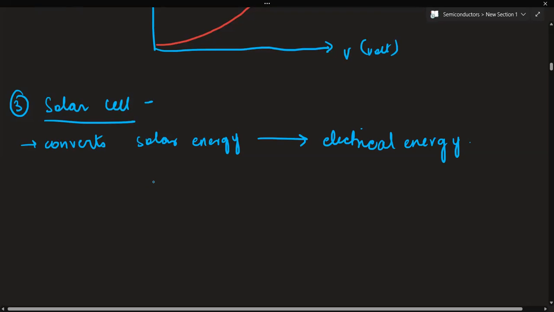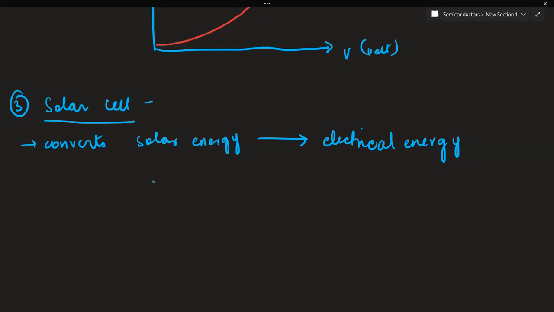The solar cell's work is first to receive light. It is a junction diode which converts solar energy into electricity, and it is based on the photovoltaic effect. Photovoltaic effect means the generation of voltage due to bombardment of light photons.